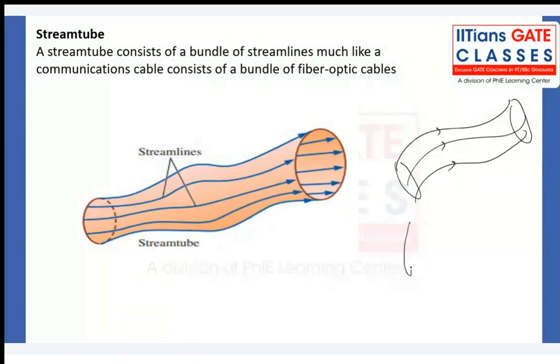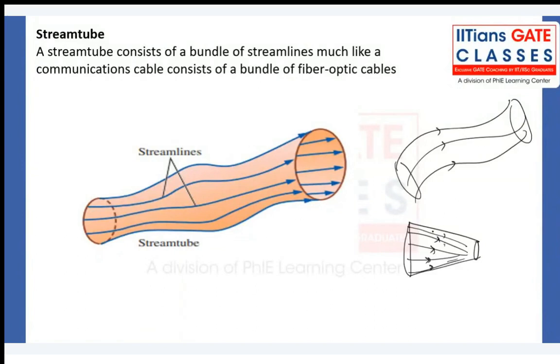Whenever the flow is happening in, let's say, a nozzle, it will be like this only. It consists of multiple streamlines. Try to visualize it in a 3D figure, not in a 2D figure.